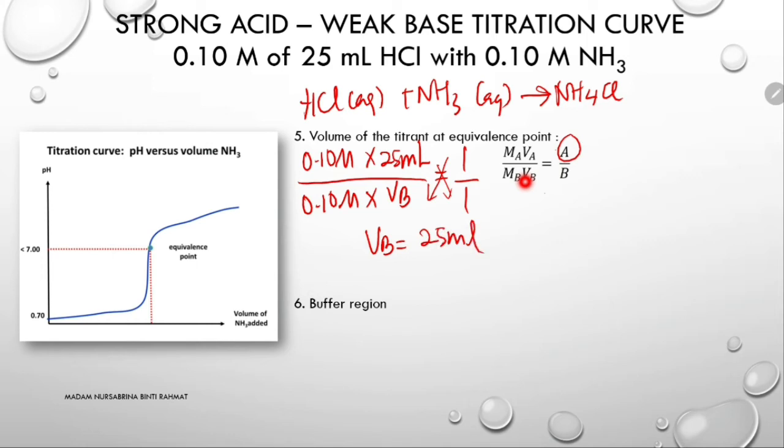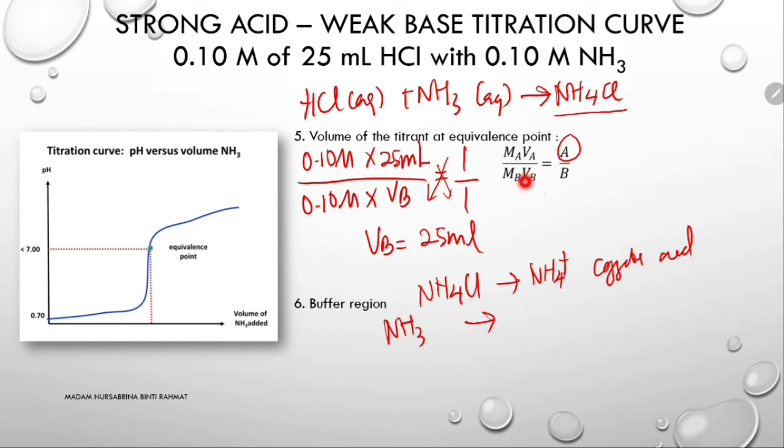This is the titration between a strong acid and a weak base, and if it's a weak base, there is a possibility of a buffer region existing, because from the titration we are producing NH4Cl. So we have NH4Cl, which has NH4 plus, the conjugate acid, and we have NH3, which is the weak base.